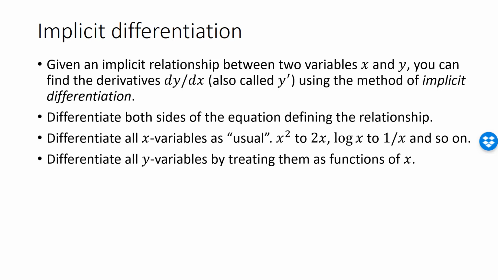When we are looking for the derivative of y with respect to x, we must treat y as a function of x. For example, let's say that the left-hand side of our equation is y squared. We're supposed to differentiate the equation with respect to x, and we must view y as a function of x.